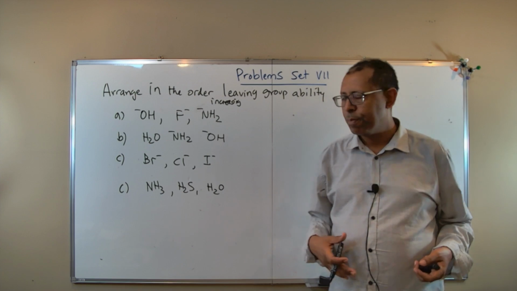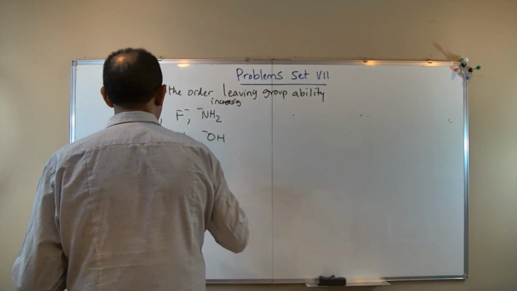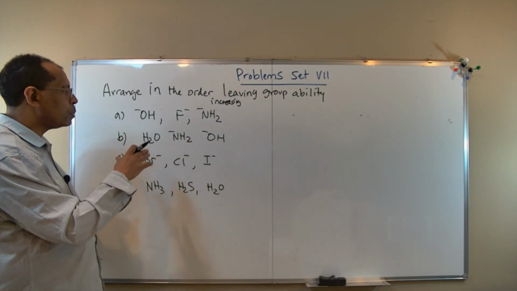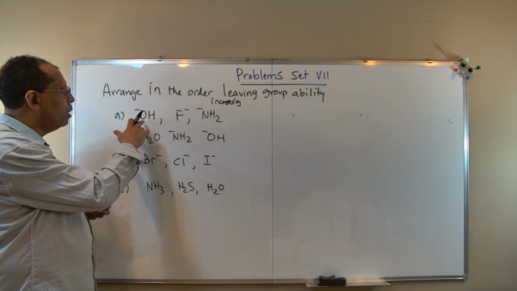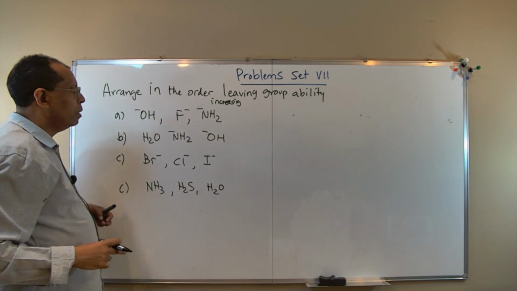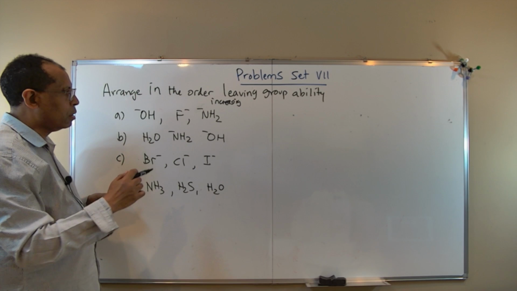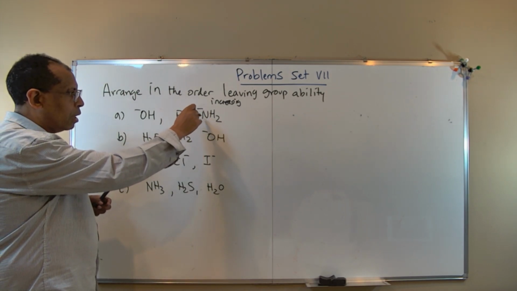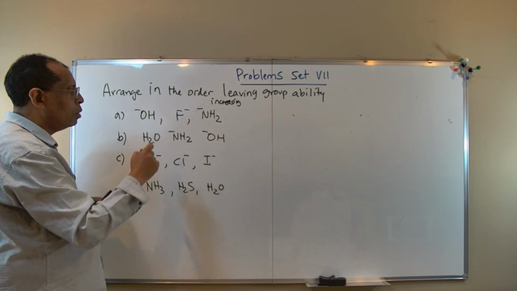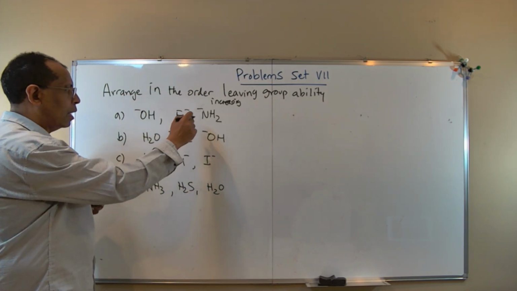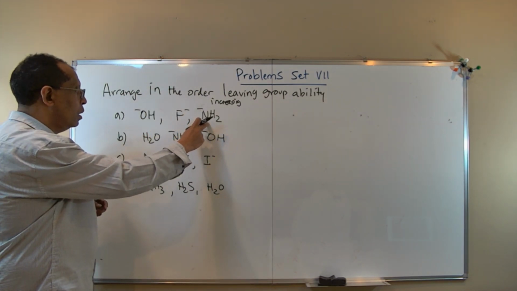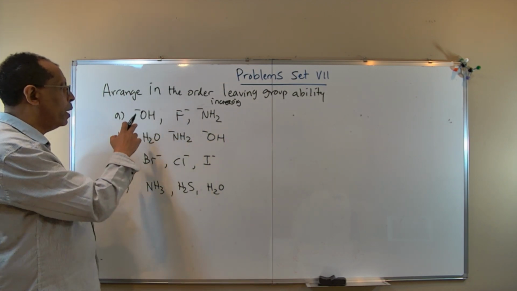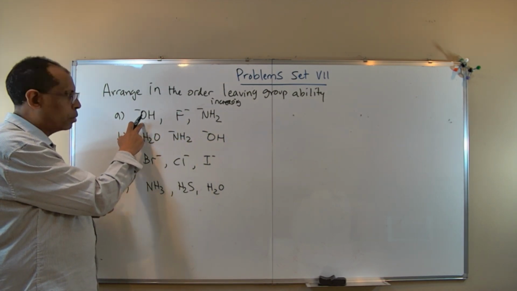So the opposite. If you look at the basicity of 1, 2, 3, the strongest base here is amide, because the free electrons and negative charge are available to coordinate very easily. So that is the strongest base. The next strong base would be hydroxide.